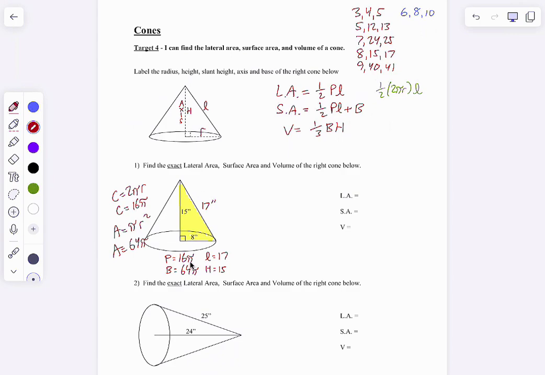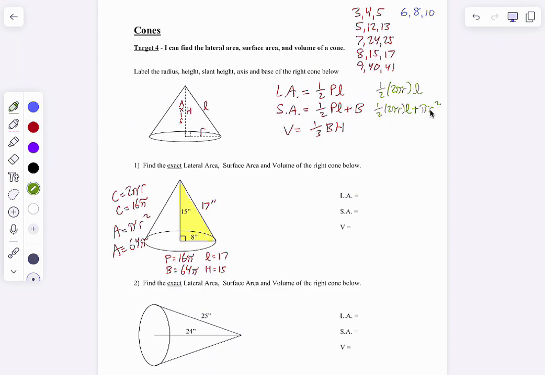So that perimeter is in inches, lateral area is in inches, height is in inches, the capital B is in square inches. That B is always found the same way, pi r squared.